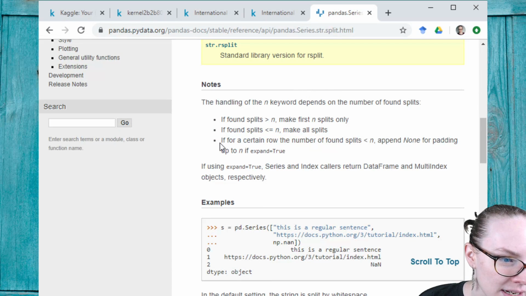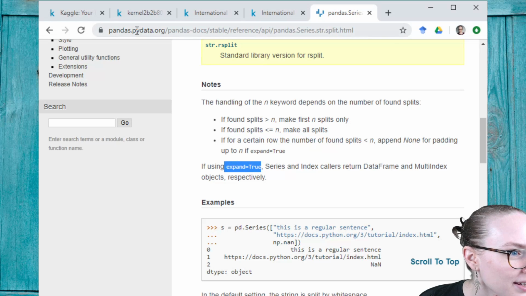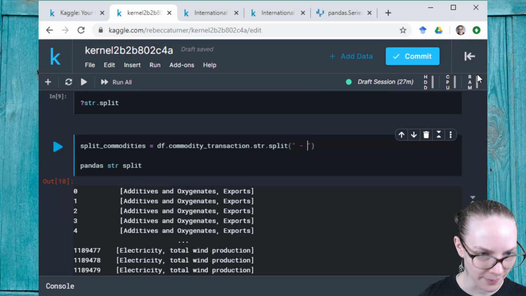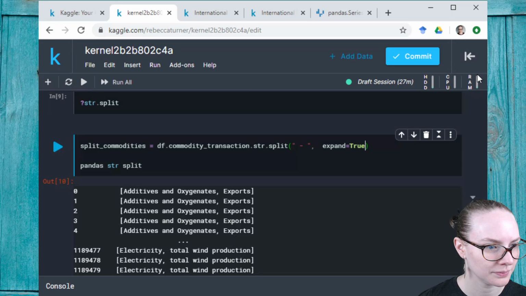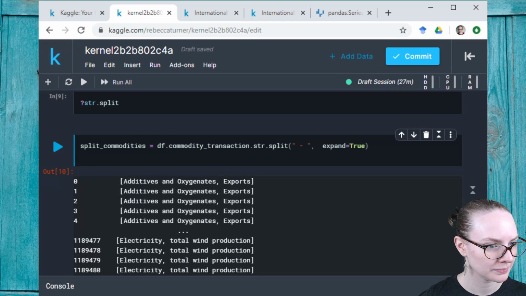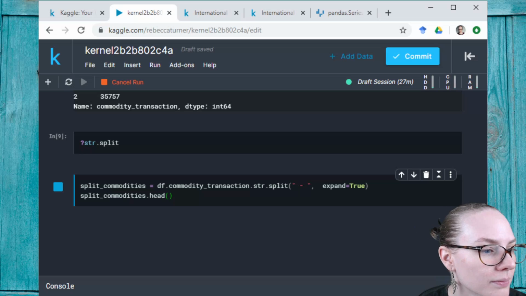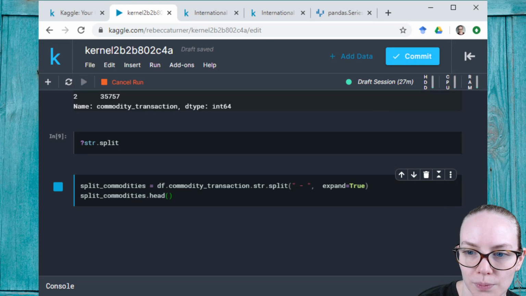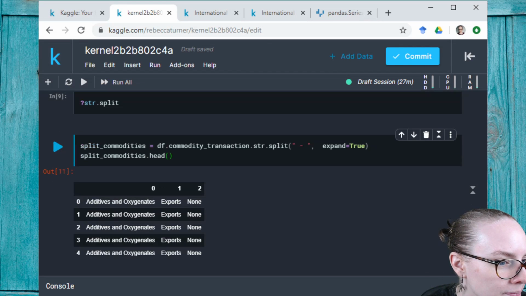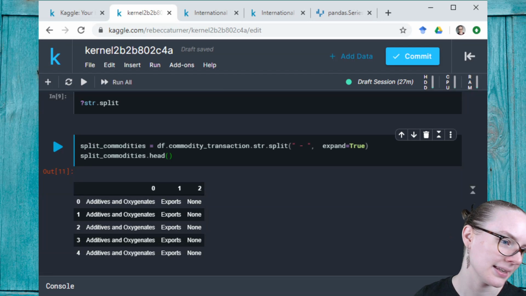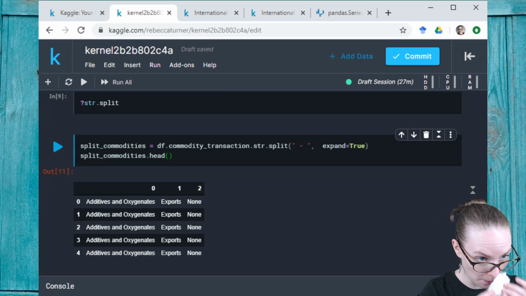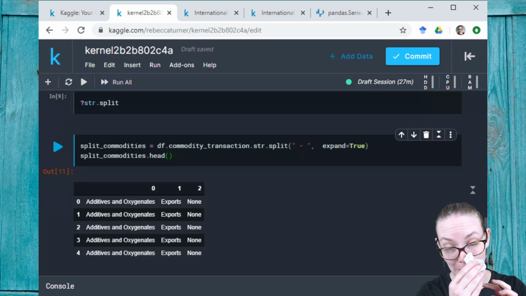If using expand equals true, data series and data's index callers return data frames and multi-index objects respectively. Oh, awesome. I don't have to do this myself. Thank you for the tip here. Nice. Okay, excellent. So now we should be able to rename these columns.